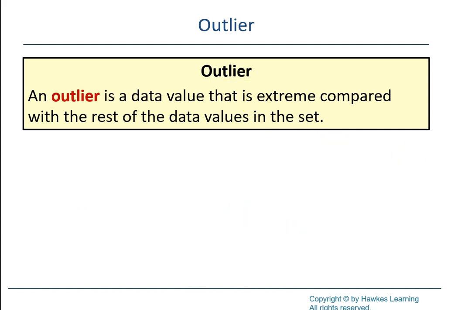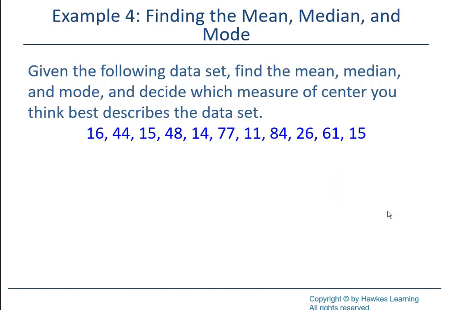Okay, we're getting ready for our next example, and we'll give you a chance to work on this here. For example 4, finding the mean, the median, and the mode. So we'll pause here, let you go through them, and then see what in fact you end up with.